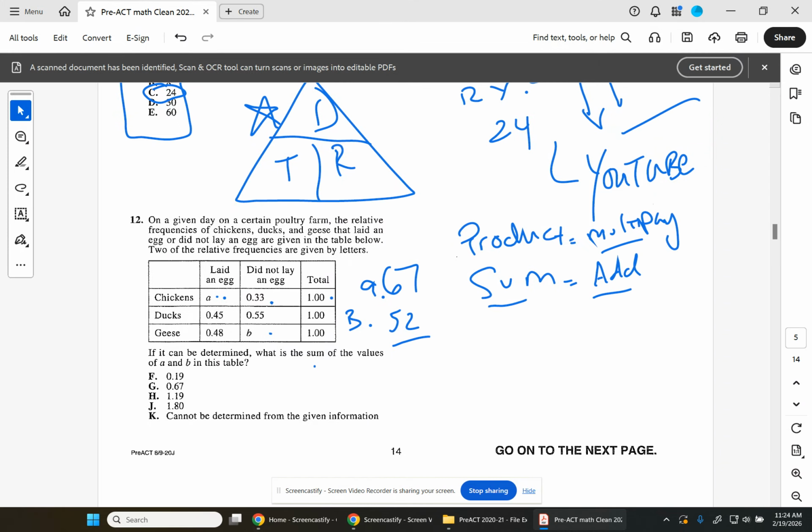Again, ACT math tests our math literacy. Keep that in mind. It can be determined what is the sum of the values of A and B in the table. Well, it's really simple. That would be 1.19 H. So it can be determined.